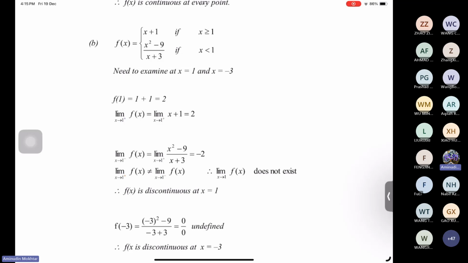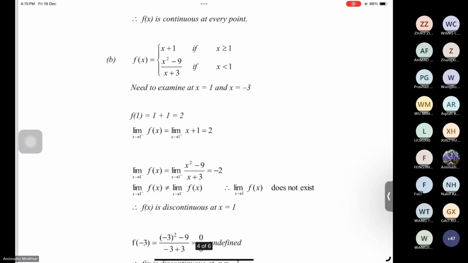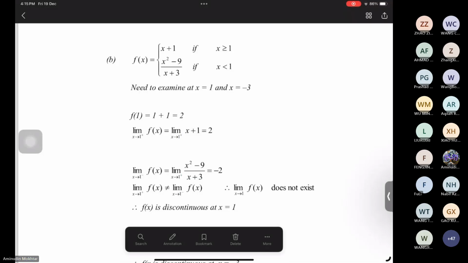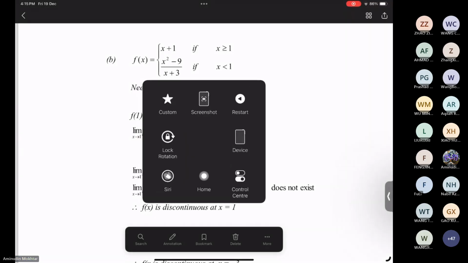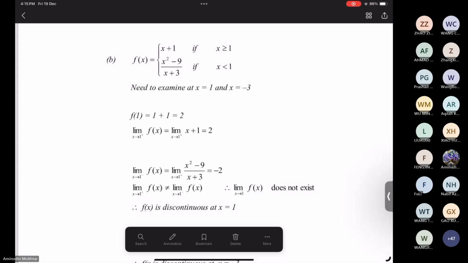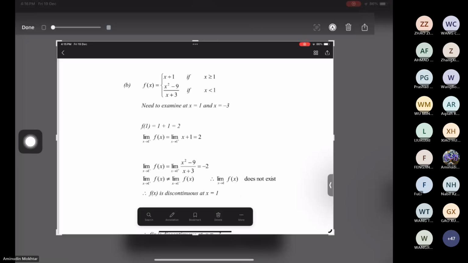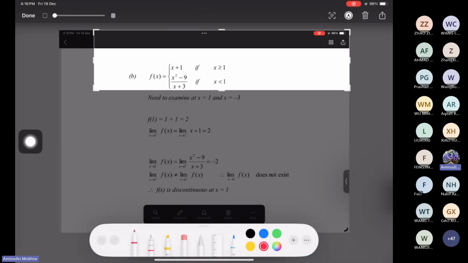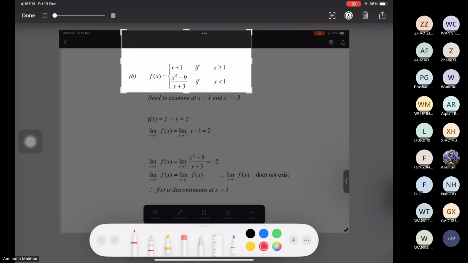Let me write this function again. Let's say B.